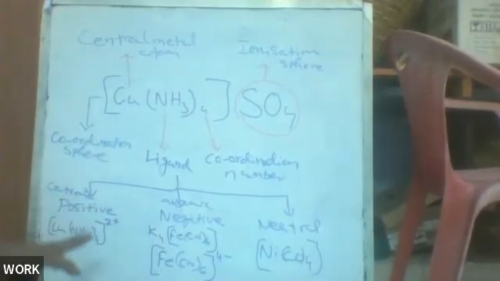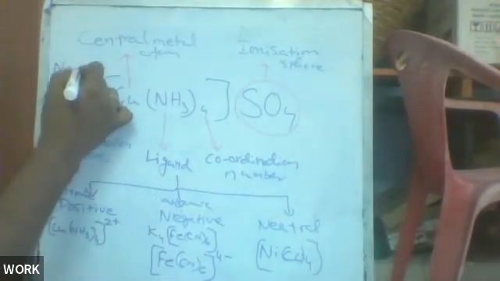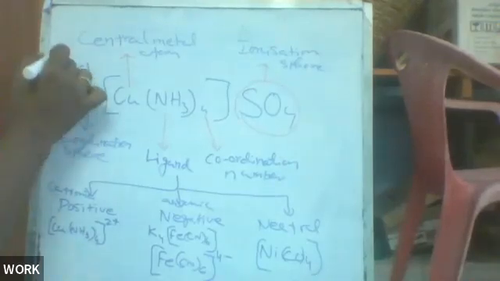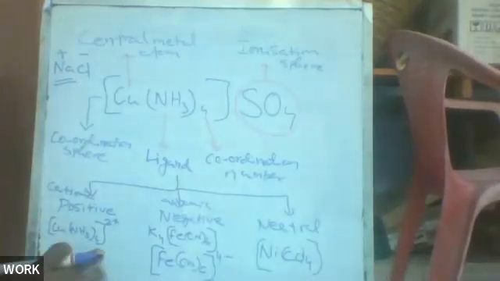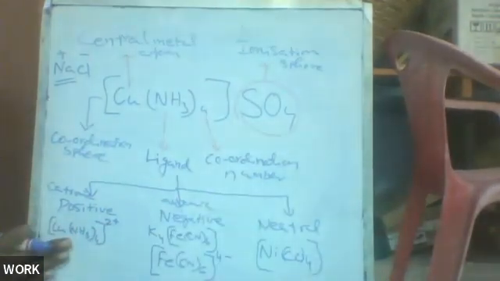Now, how do we know whether it is a positive complex or a negative complex? It's very simple. When you write a simple salt like sodium chloride, NaCl, we always write the positive part first and then the negative part second. Likewise, when you write a complex, if the coordination sphere comes first and the remaining part second, it's a positive complex.